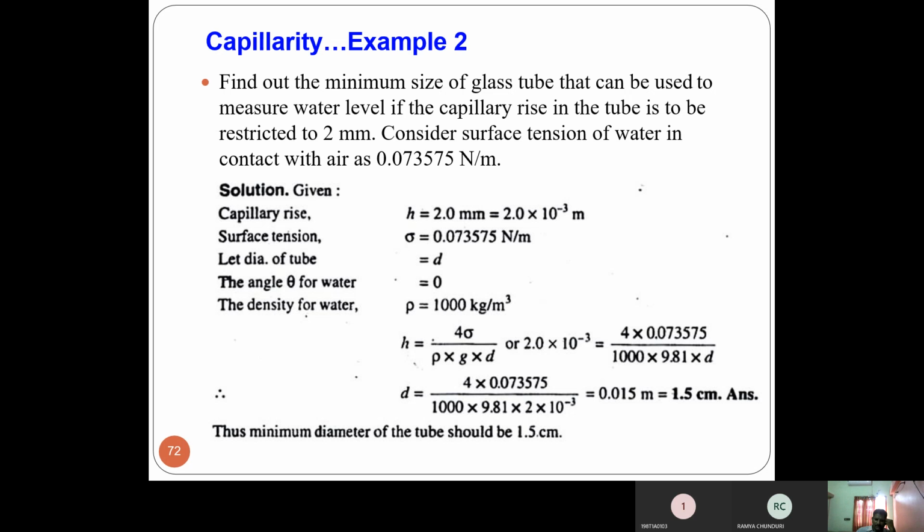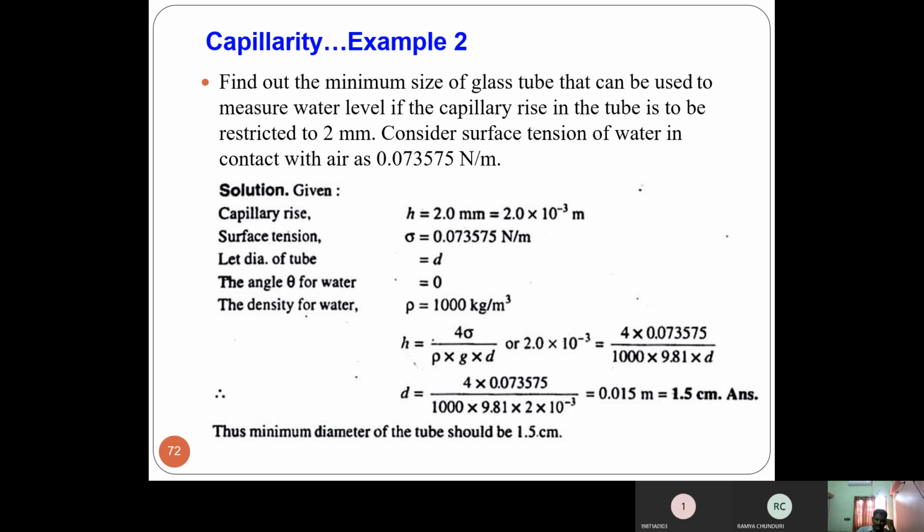What is the data given in the problem? H is equal to 2 mm, converted into meters, 2 into 10 to the power of minus 3. What is the surface tension? Sigma is equal to 0.073575 Newton per meter. Let the diameter of the tube be D.